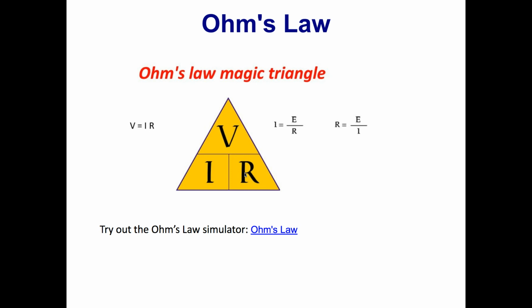That's basically what we're getting right here. If we wanted to get voltage, we cover voltage, and we're going to multiply our current by our resistance. If we're looking for resistance, we're going to divide our voltage by our current. There's also an Ohm's law simulator that I recommend that you try, and this will take you to another site. Definitely worth trying out.